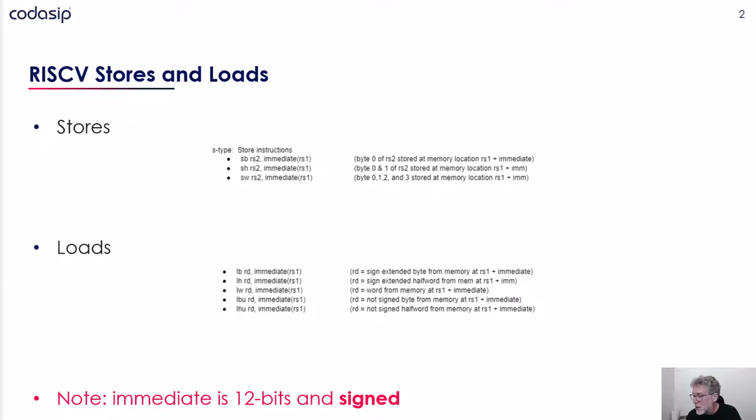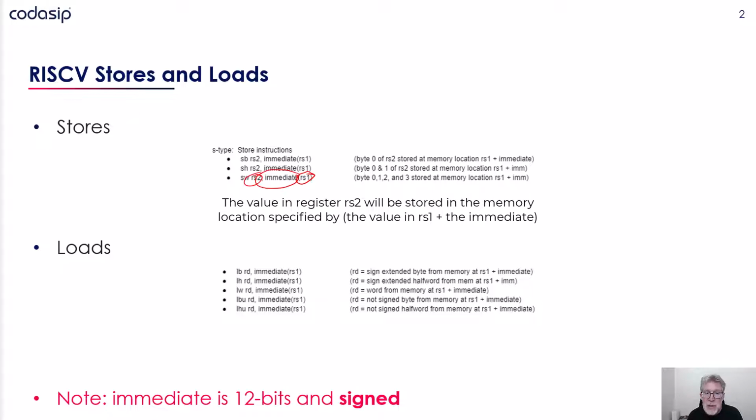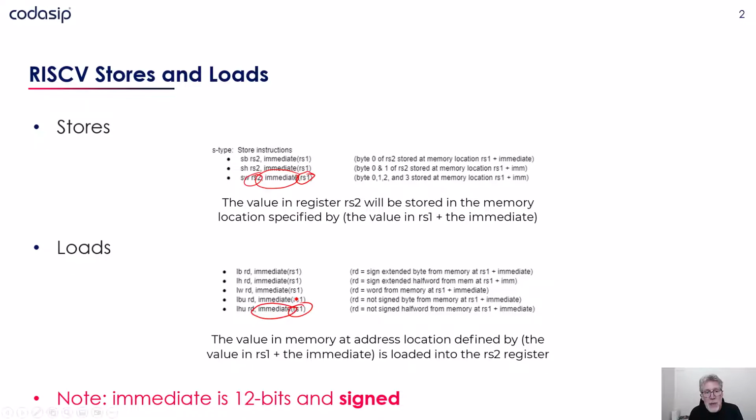Now if we take a look at the store, we are going to take the value out of the RS2 register and store it at the memory location defined by the value in RS1 plus the immediate. And similarly, for a load, we're going to read the value out of memory defined by the value in RS1 and the immediate and bring that into the register RS2.